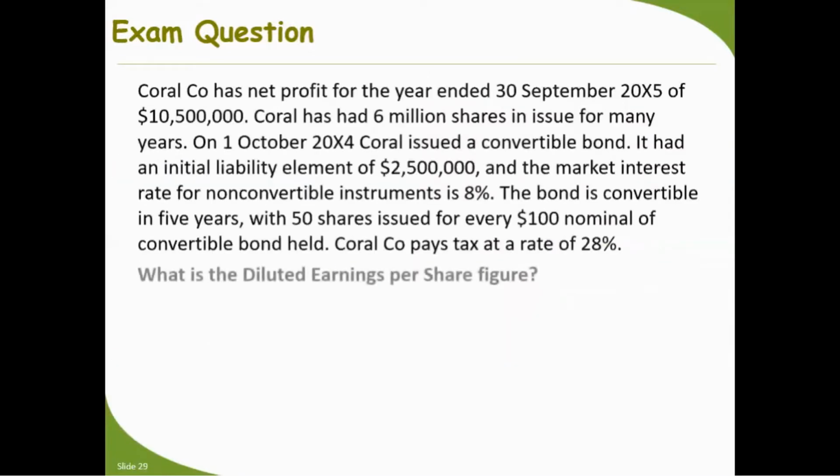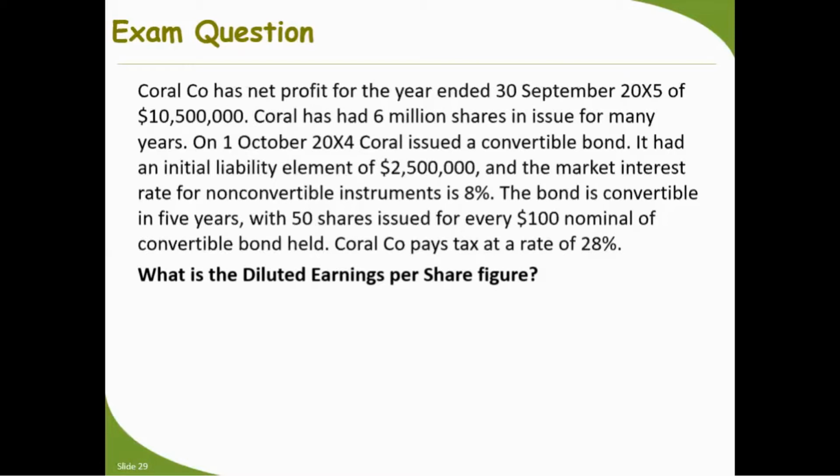Now, Coral Company has a net profit for the year ended 30th September 2025 of 10.5 million. Coral has had 6 million shares in issue for many years. On 1st October 2024, Coral issued a convertible bond.